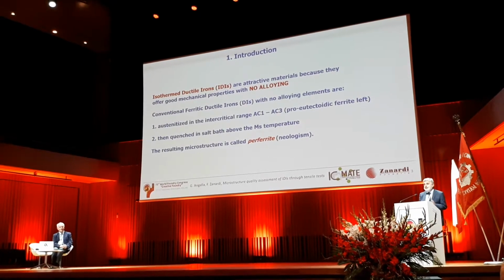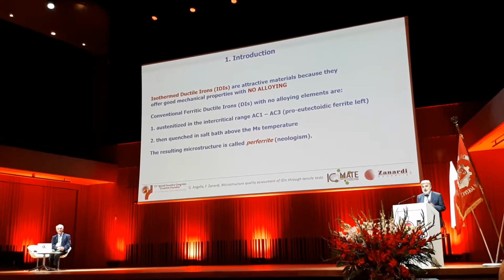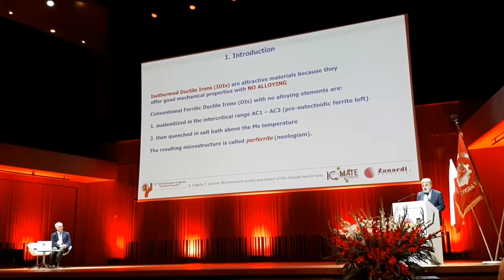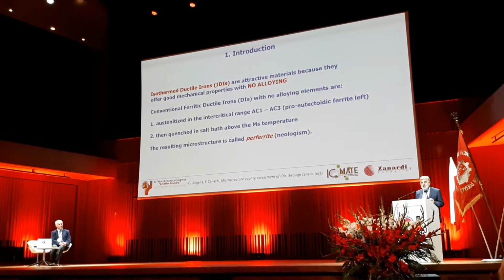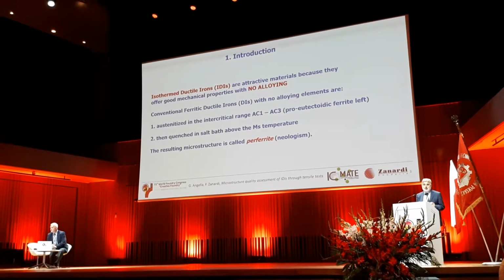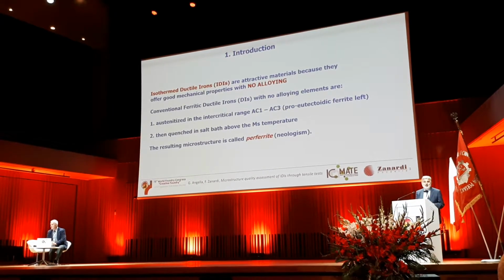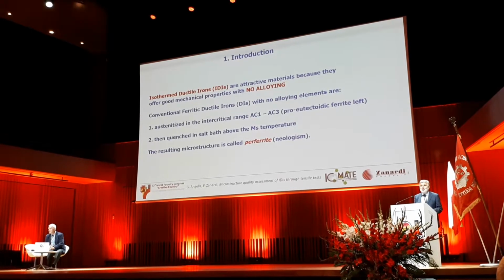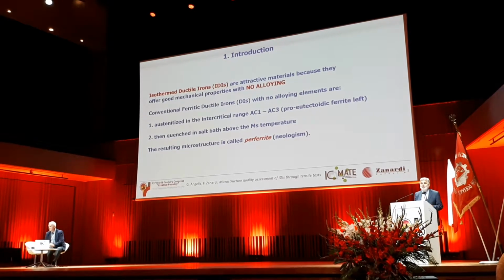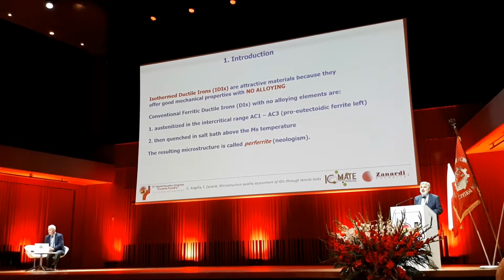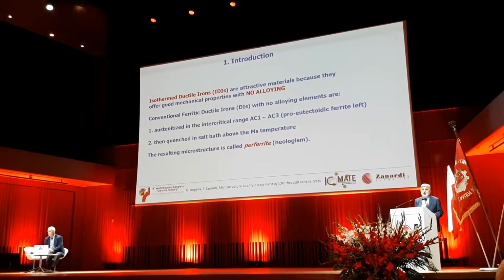And this material, isothermed ductile iron, that is a neologism, is obtained with no alloy. Before we were talking about segregation of copper, segregation of moly, of elements that we add to the material. Here we make no addition.